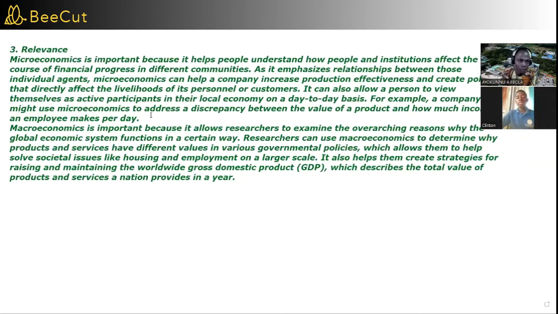Then macroeconomics is important because it allows researchers to examine the overarching reasons why the global economic system functions in a certain way. If things are moving around, like during the lockdown, things were expensive all over because of the lockdown.